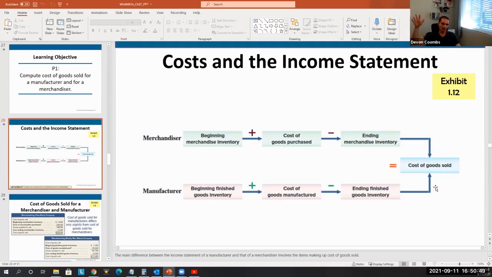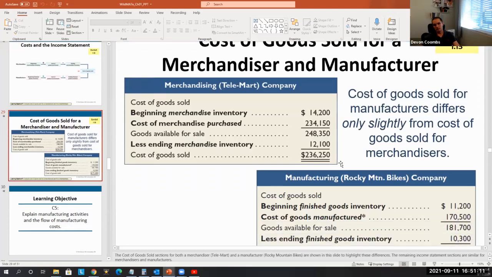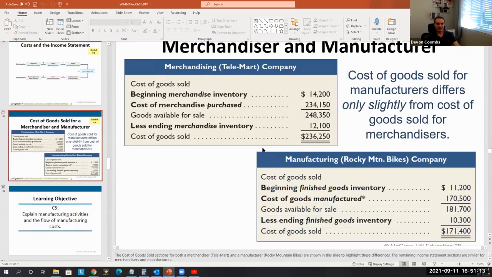And then you have your FIFO, LIFO methods or weighted average and all that fun stuff. Manufacturer, you have your beginning finished goods, plus anything you built or manufactured, less your ending finished goods. So you're going to have to memorize these two separate formulas. And this is just the math, so you can see how it might differ slightly.